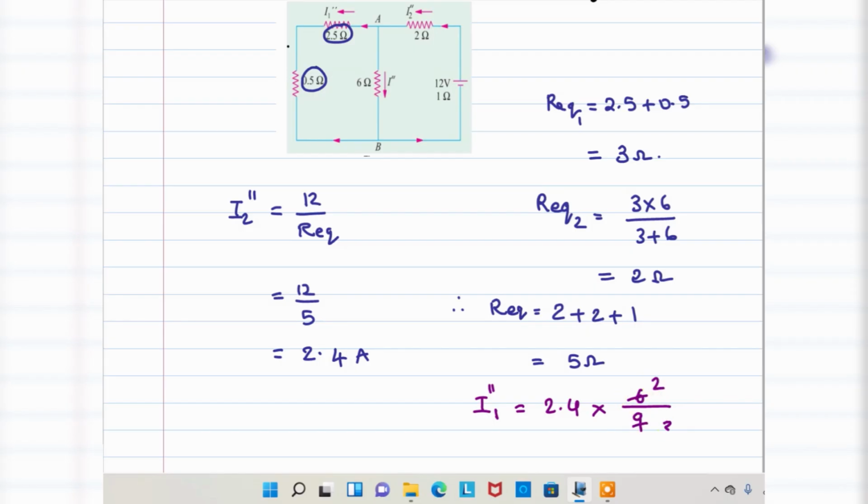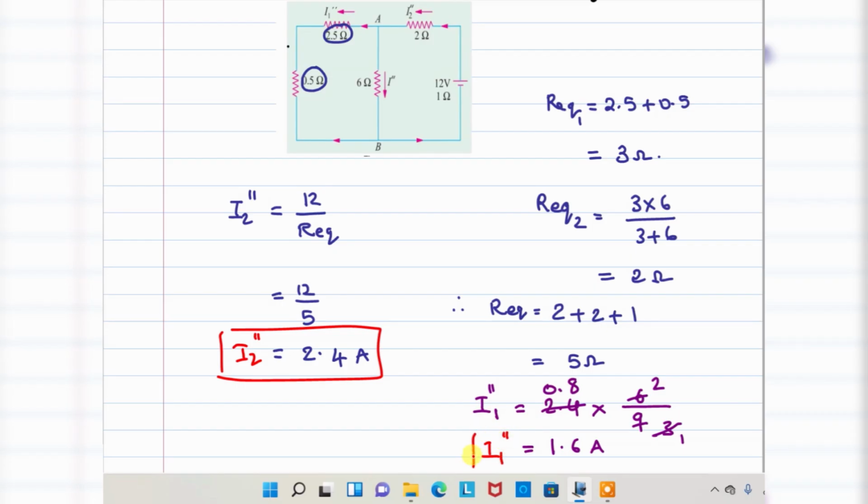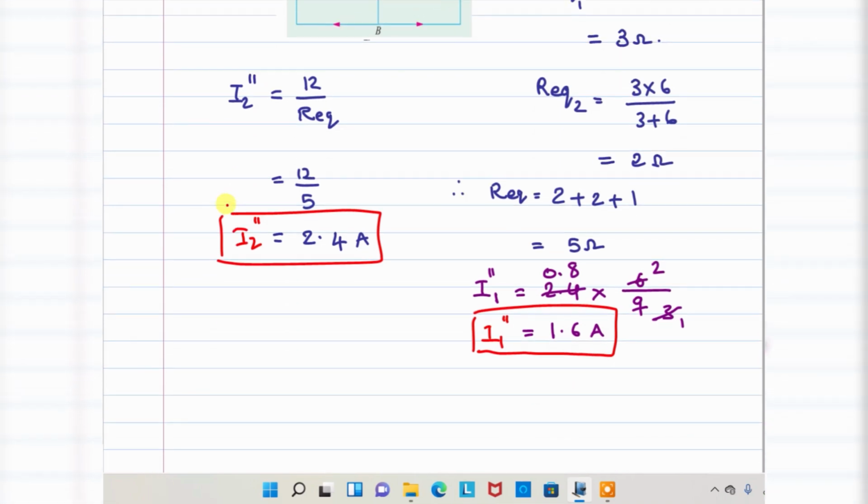This is 2 times, 3 times, here 1 time, 0.8, that is equivalent to 1.6 amperes. I got I1 double prime also. So at the last I need to calculate I double prime.